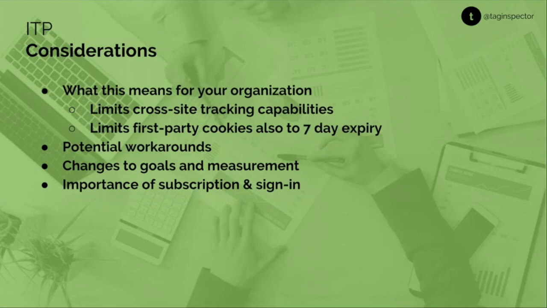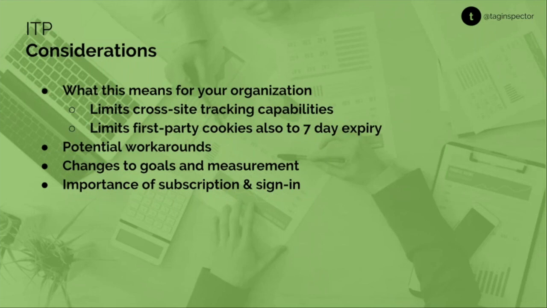In response to this, we need to start thinking about what are some maybe changes to goals as well as measurement. So how are we doing that attribution? How can we encourage users to return to our websites within that 7-day period? That way, that 7-day period is going to be extended each time that user visits our site.